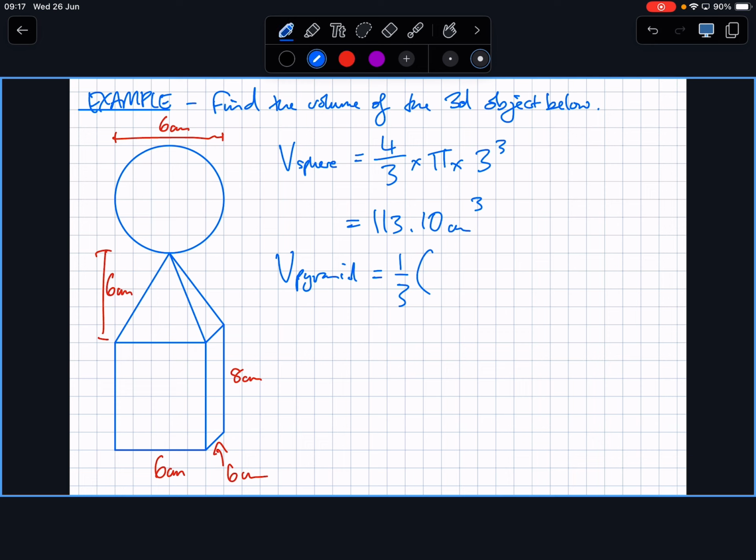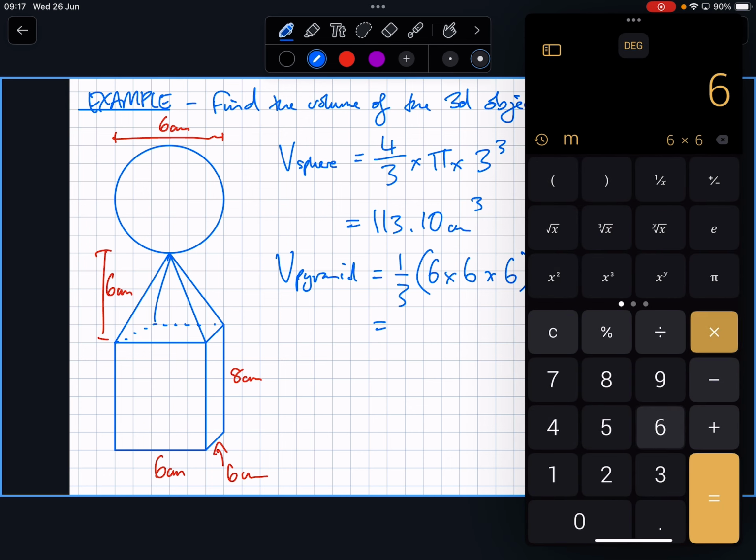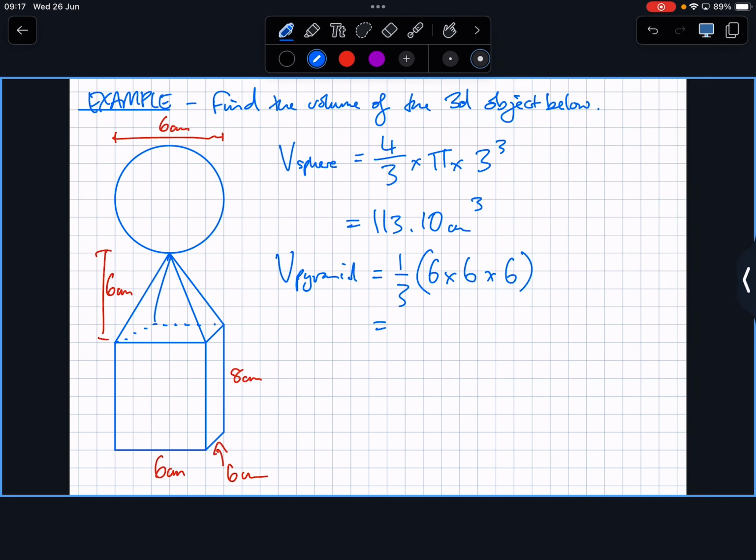So now we can actually work it out. So my intention was this was a square at the bottom. I didn't give you that information. So the base is going to be 6 times by 6, so area of base. How tall is that pyramid? 6. So 6 times 6 times 6. 1/3 is the same as dividing by 3. So we're going to have 72 cubic centimeters.